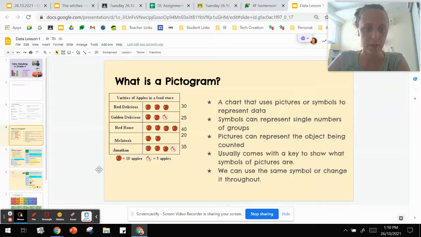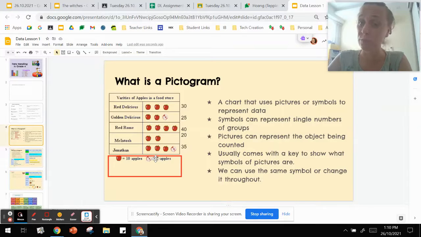So this bottom part is the key. And this key tells me that one red apple equals 10 and one half an apple equals 5. So to figure out how many apples there are, well, I just need to count. So I have 3 red apples, each one equals 10: 10, 20, 30. This one has 2 red apples and 1 half an apple, so it's 10, 20, 25.